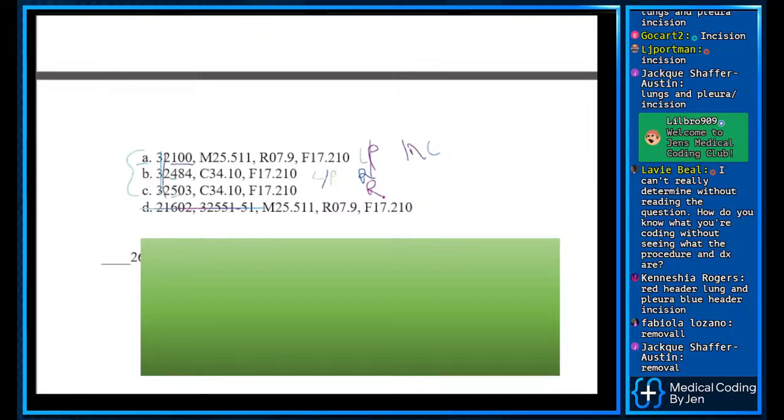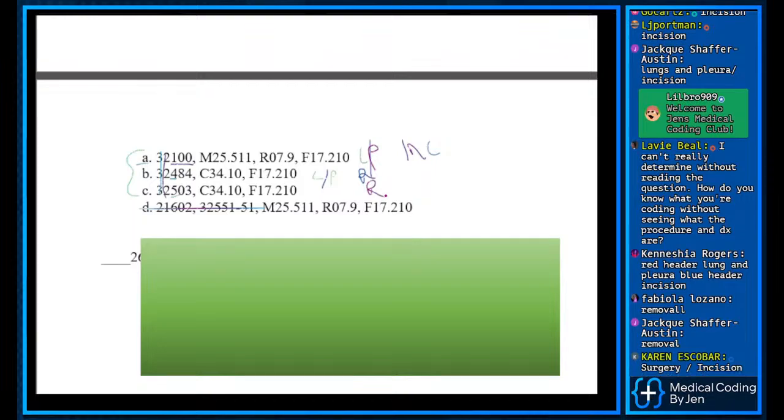And 21602, in case you want to look it up, but I know we didn't do 2 of those, 21602. Ooh. That's under the header of trachea and bronchioles, and the procedure is also an incision.